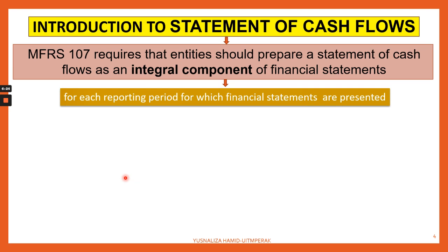Let's say the reporting period starts 1st of January 2019 and ends 31st of December 2019. So it has to be prepared for that reporting period, together with other financial statements like your statement of profit or loss and other comprehensive income, statement of changes in equity, your statement of financial position.